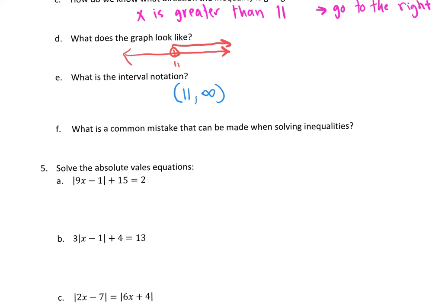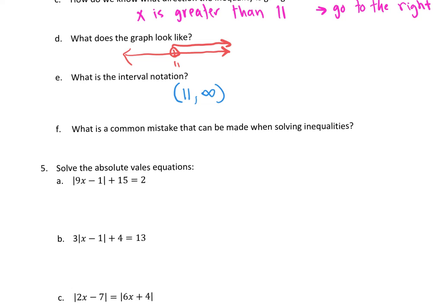The last thing that is asked in this problem is, what is a common mistake that can be made when we're solving inequalities? Well, there's one big common mistake, and I think this is going to give you a huge hint in the actual test, the mistake that the student is going to make.